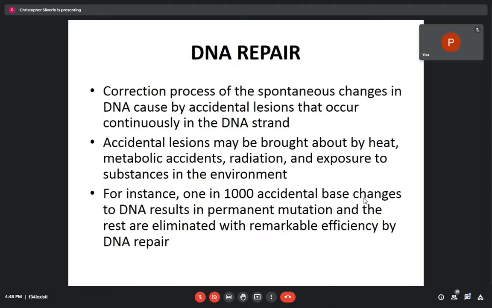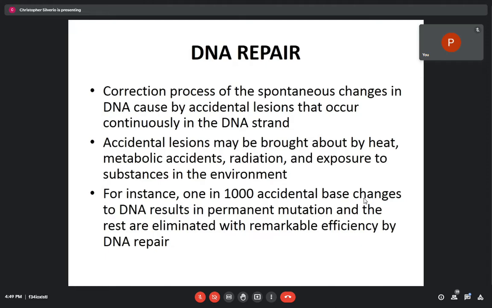So, in spite of that exposure to sun, the face, the skin of Gem does not change. There is no mutation.